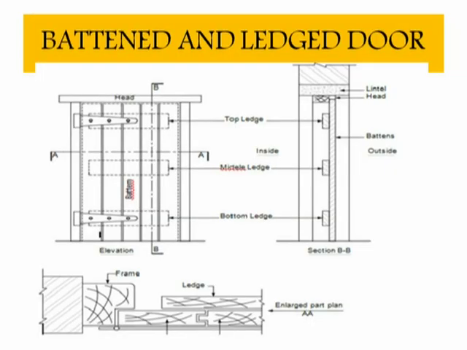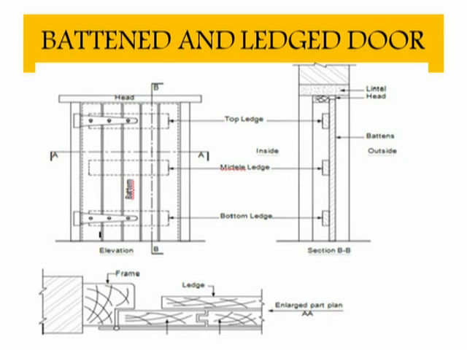So here is a picture of one type of door which I want to show you, the battened and ledged door. In the list of doors, we have seen this type of door known as a battened and ledged door.